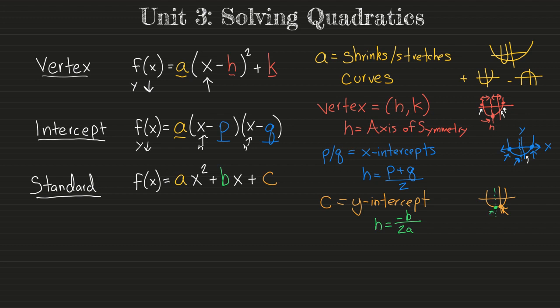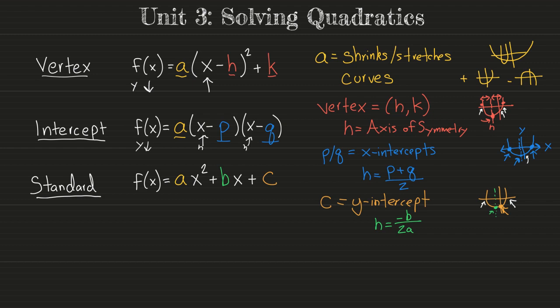But once again, notice here that we don't have a good way to get the x-intercepts. So essentially in Unit 2, we played around with these, got really familiar with these three different forms, but we also left the unit recognizing that none of them are perfect. Some of them actually have pretty difficult pathways in front of us to find all of the information that we need. And that's where Unit 3 comes in.